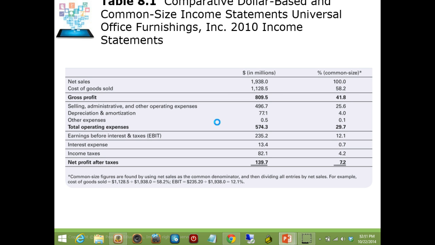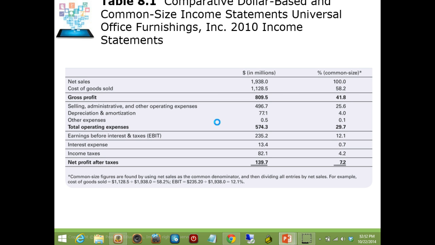Gross profit is 41.8%, meaning every dollar of sales turns into 41.8 cents. And we could look at proportionally where we are spending the money on selling, depreciation, other expenses. In this company, 25% of their sales go to selling costs. And this just gives us a comparative way to take an income statement and make it comparative to other companies.